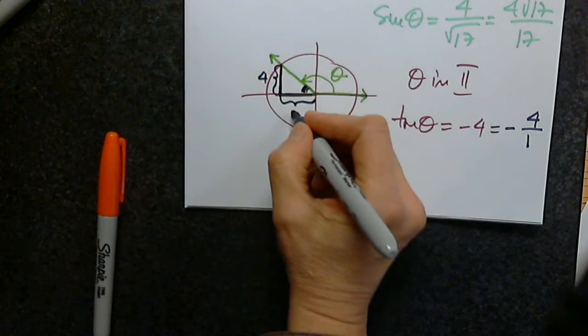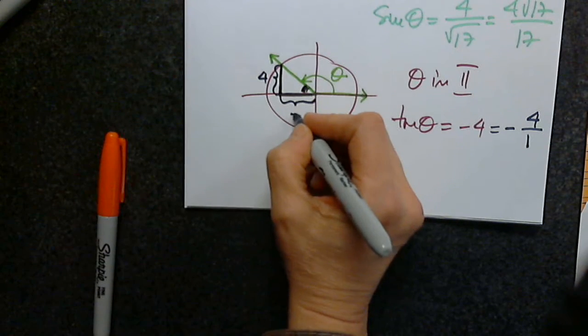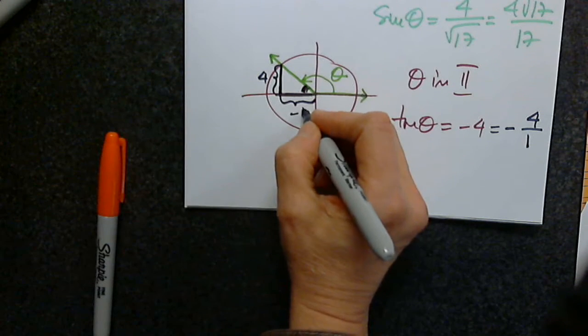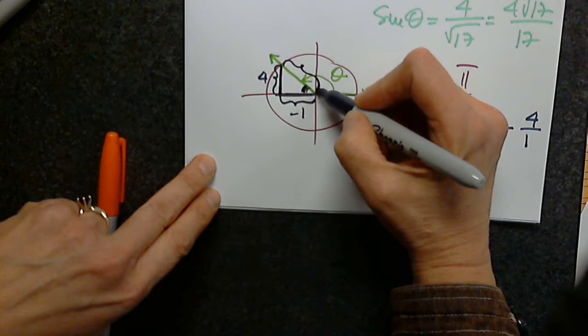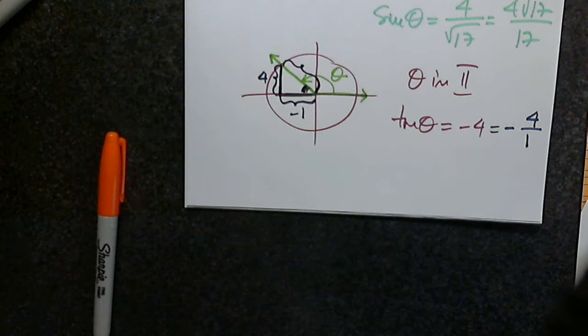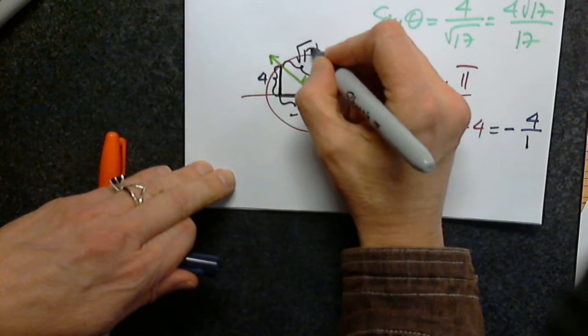How much is this? How much? 1. So now I can easily determine this, which is the hypotenuse in this triangle, which is not the unit circle. Yes, so it's 4 squared plus 1 squared, which is 16 plus 1, which is 17. So this must be the square root of 17.